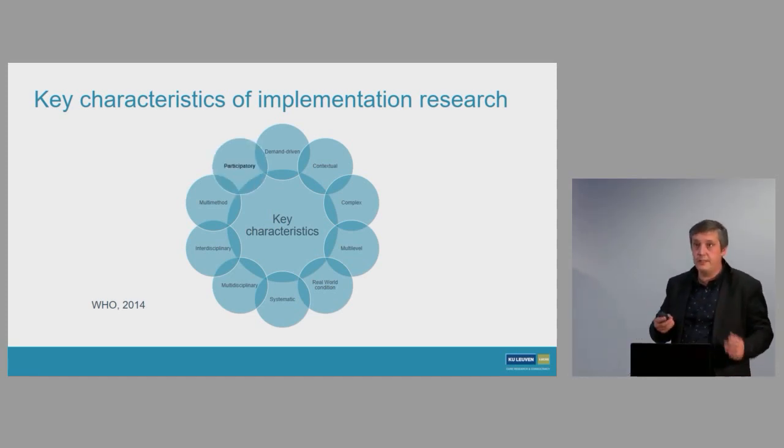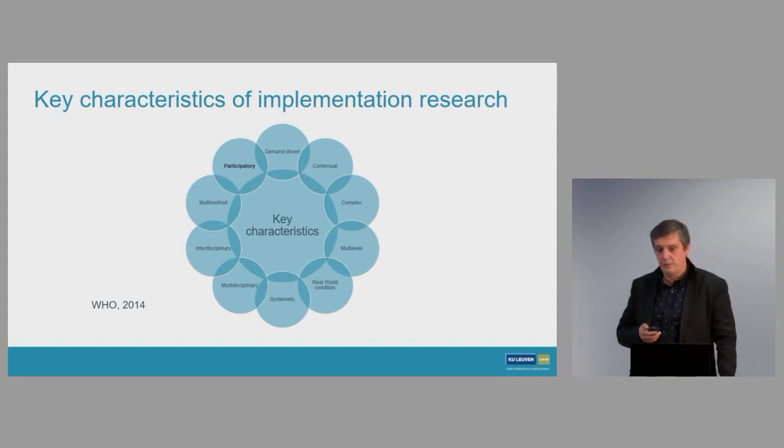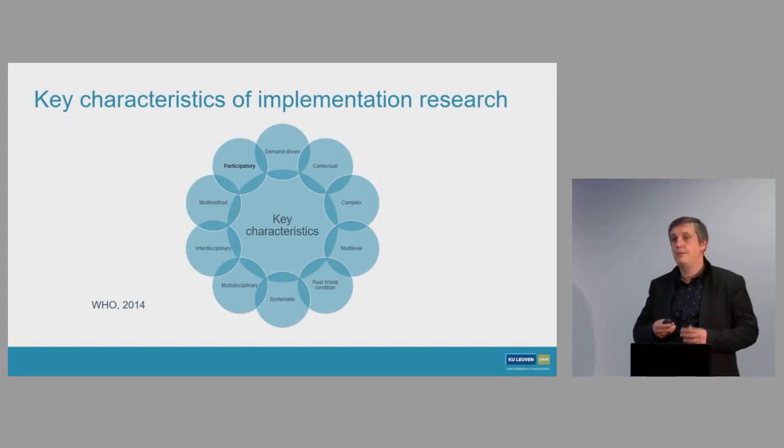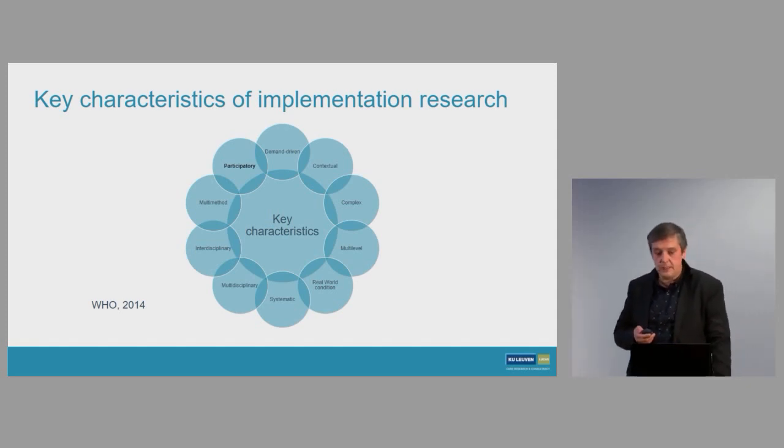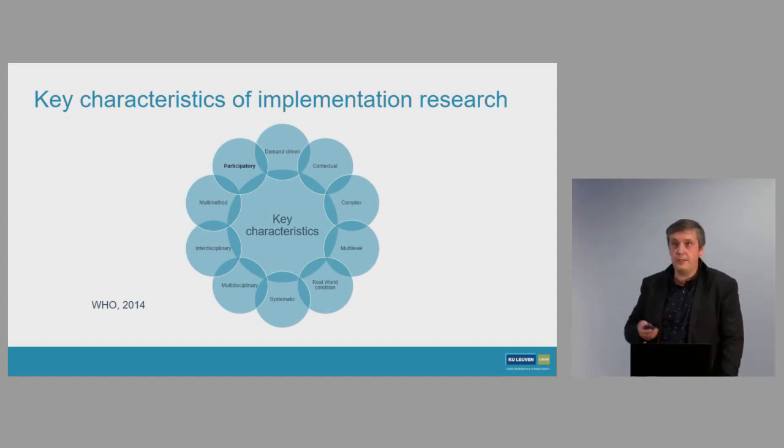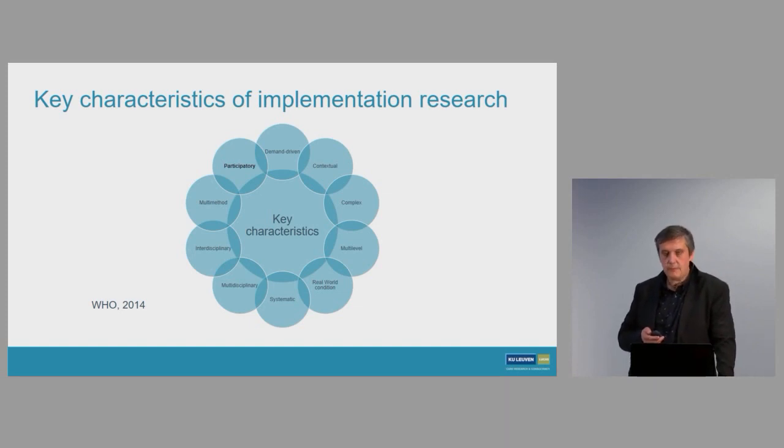A lot of different characteristics which you have to keep into account when doing this kind of implementation research. Implementation research is mainly developed in the context of health sciences, but it's also used in other fields such as educational research, research into criminal justice and other social fields.